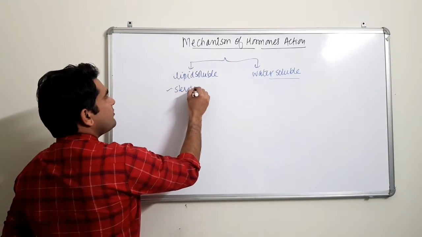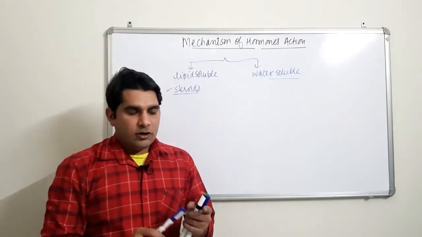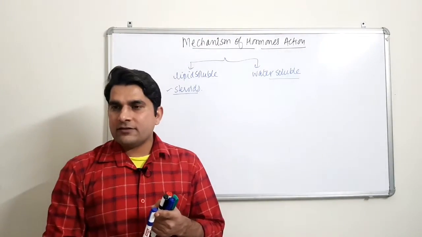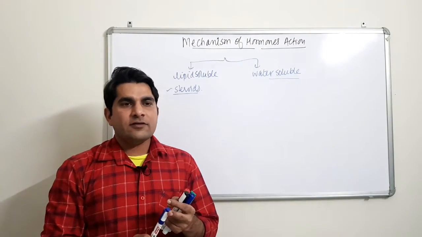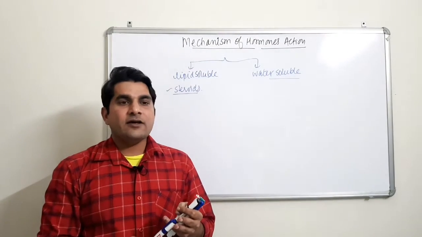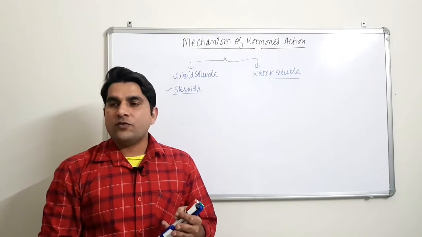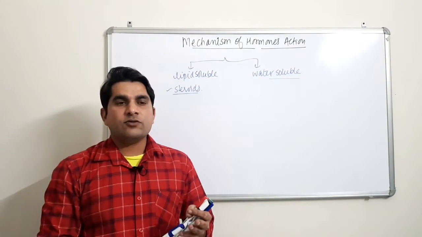If I ask you to give me some examples of steroid hormones, all the hormones of adrenal cortex are steroid, for example aldosterone, cortisol and sex corticoids.